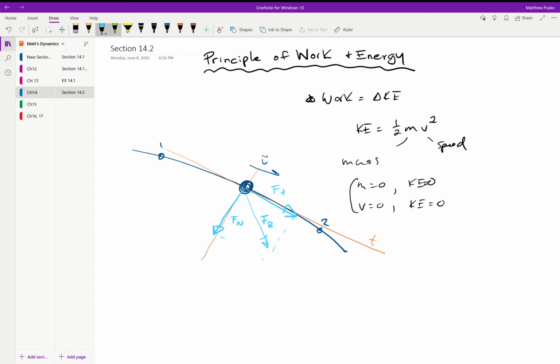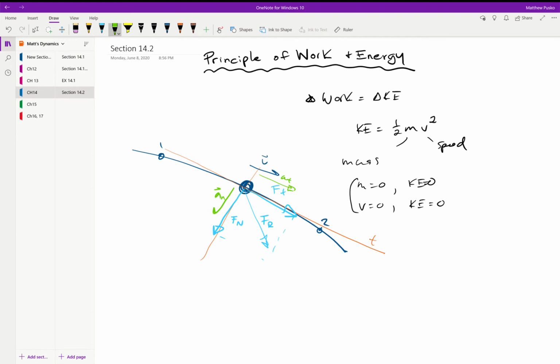So we also have an acceleration in the normal direction, a, and an acceleration in the tangential direction.